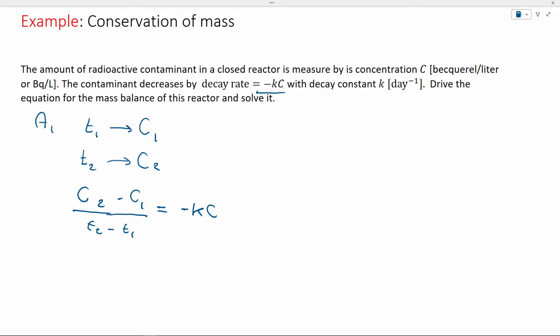So the change from C2 to C1, from time 2 to time 1, is equal to this K times the concentration that you have. So we got something that looks like this, and that is one way you can look at it. So here we will get dC over dt is equal to negative kC.